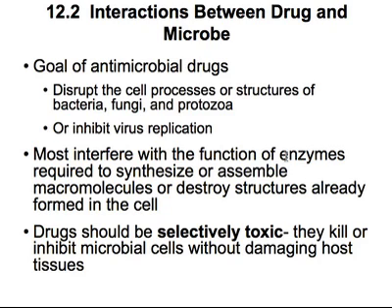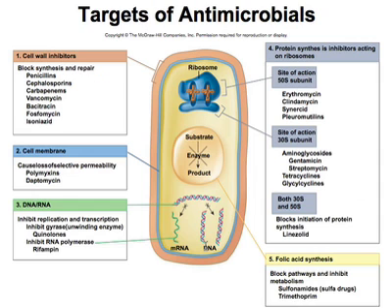Most of these will interfere with the function of an enzyme which is required for synthesis, since enzymes, like we've talked about before, are very, very specific. Typically, if you target an enzyme that is required early on in the enzymatic pathway, it will affect everything downstream of that. And if that's an important enzymatic pathway, it can kill the cell. And again, they should be selectively toxic, which means they kill the microbial cells while leaving our cells alone.